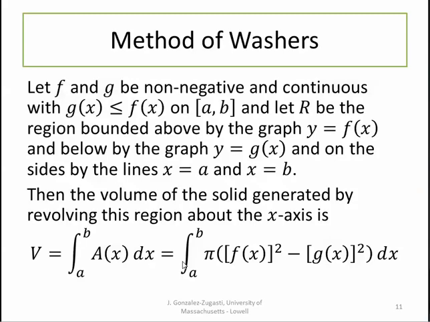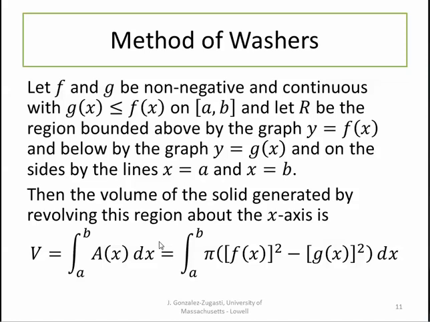So this gives us the method of washers, which says let f and g be non-negative and continuous with g of x less than or equal to f of x on an interval a to b, and let R be the region bounded above by the graph y equals f of x and below by the graph y equals g of x and on the sides by the lines x equals a and x equals b.